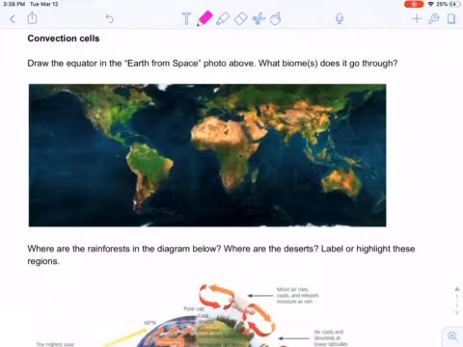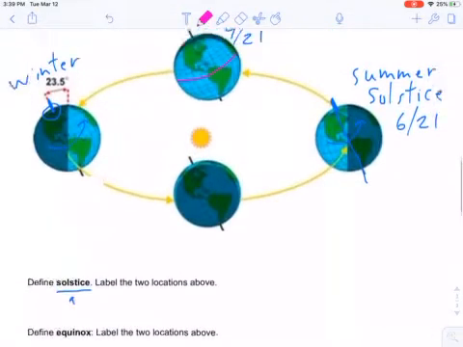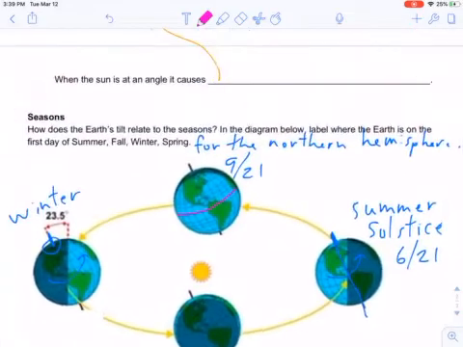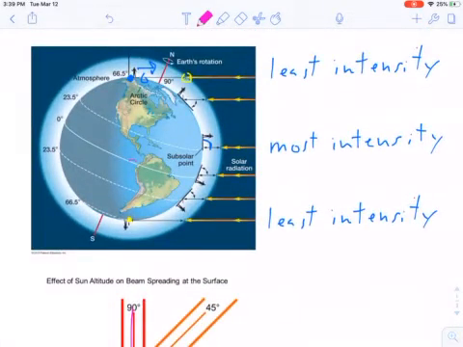All right. Now the third part of this is looking at what's happening at the equator that gives us the type of weather that we have there. So first thing I'm going to ask you to do is draw the equator in this photo of Earth from space taken from satellites. So you can see from our diagram up here that the equator is going through South America, just a little bit above these points here.